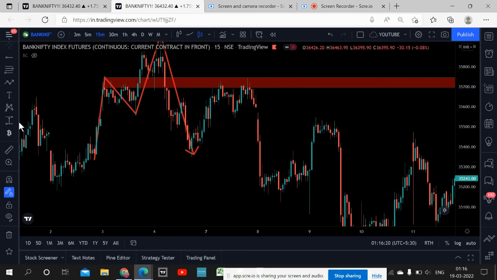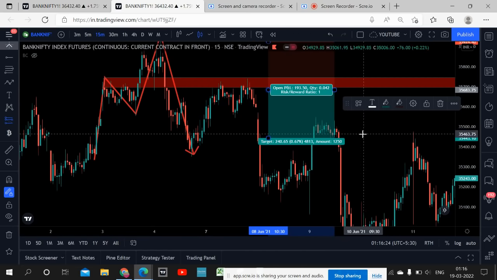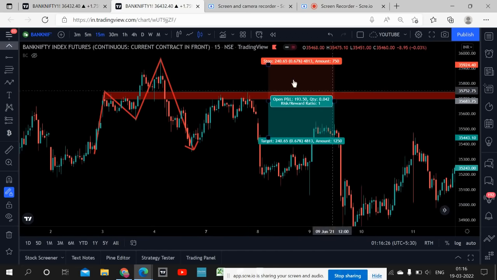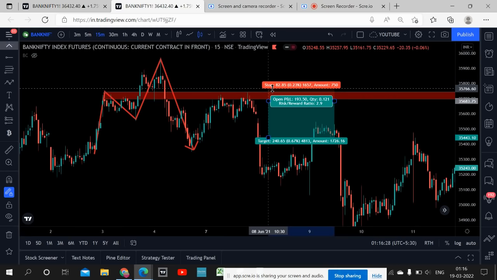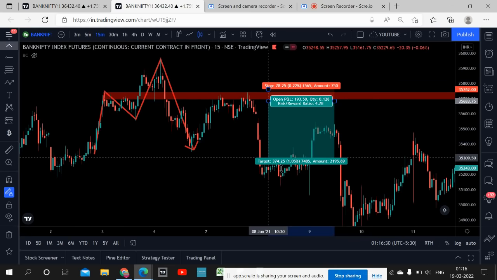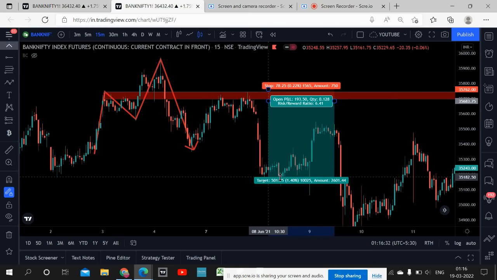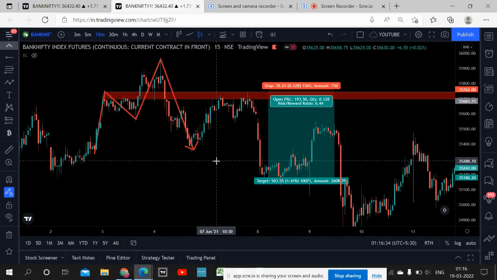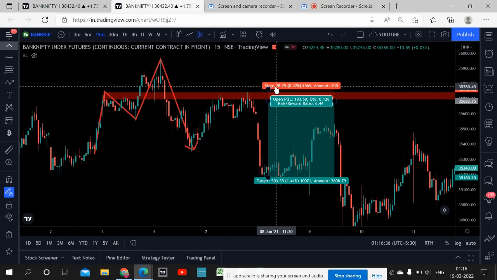Again it came. See the massive risk reward in front of your eyes. Once again, for a risk of just 78 points, it has given a reward of 500 points, which is nothing but 1 is to 5.